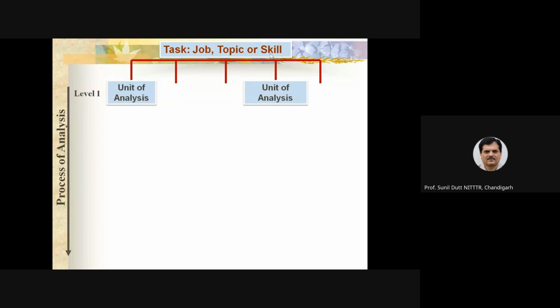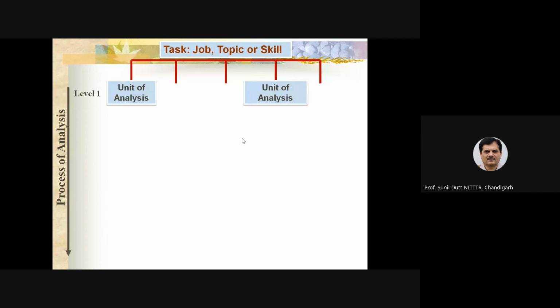Now, say there is one topic, any topic from a theory subject. For teaching that topic, you need to explain first of all this part, then this part, then this part. This is a 45 minute or 1 hour duration lecture. You have broken down the topic into 5 broad subtopics.